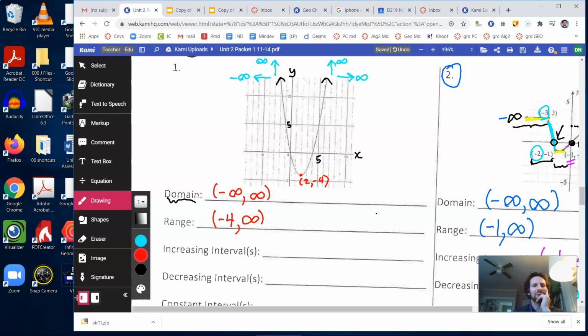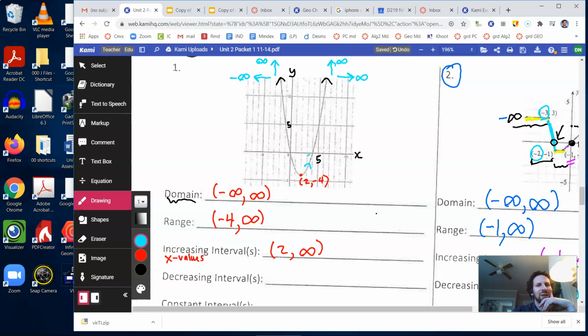The increasing intervals is where the graph increases from left to right. We always write the intervals using x values. We have increasing or decreasing intervals. So starting from an x value of 2, going all the way toward infinity, the graph is increasing.